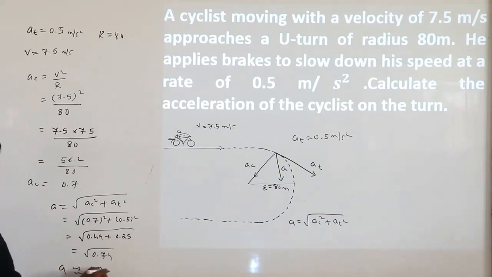So acceleration is 0.8 meter per second square.